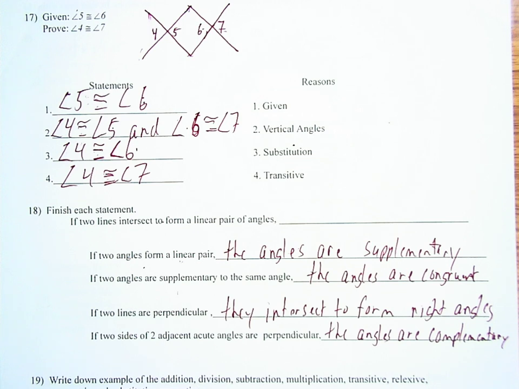So if two lines intersect to form a linear pair of angles, then I could conclude as well there that the angles are supplementary. But could I conclude that the lines are perpendicular?